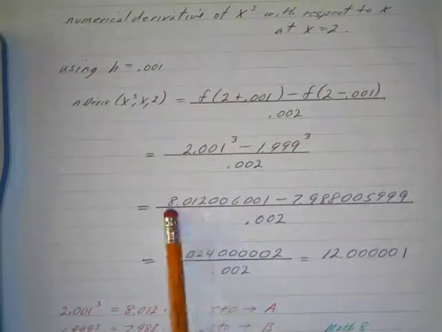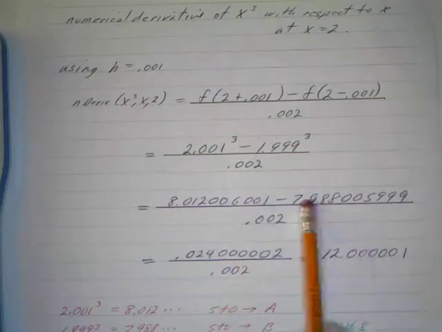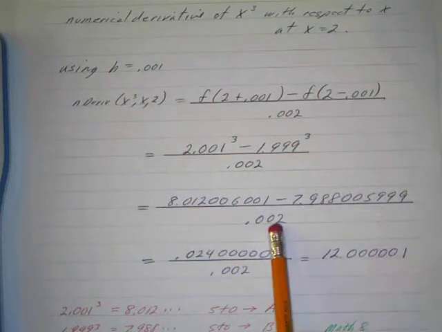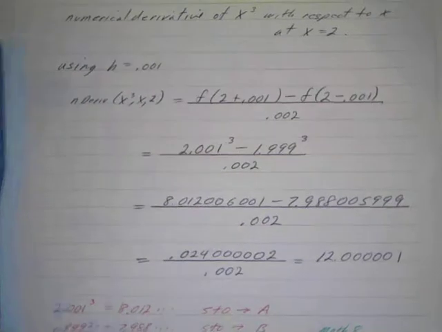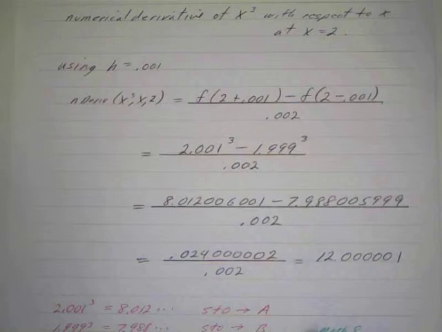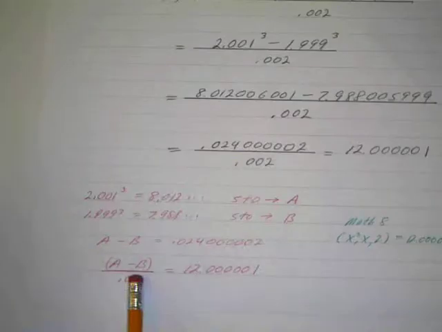So when we calculate this out, this is what we got here. When we calculate this out, this is what we got here. All over 0.002. Now, I wanted to see the difference, so rather than put those both in, I can just write it as alpha A minus alpha B, right over here.